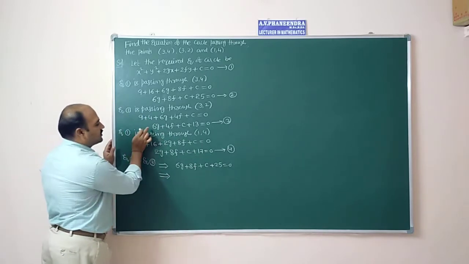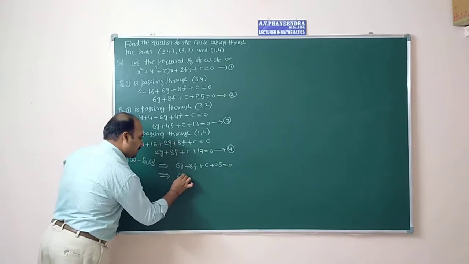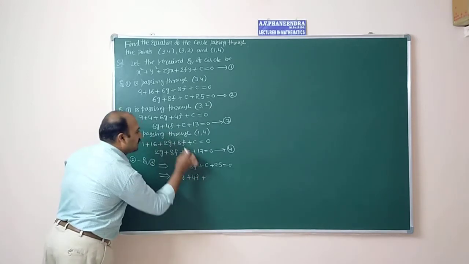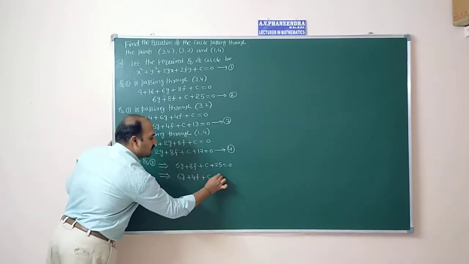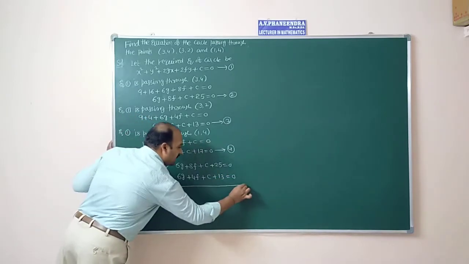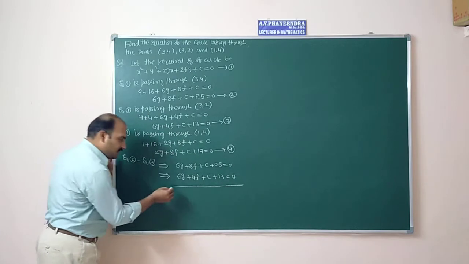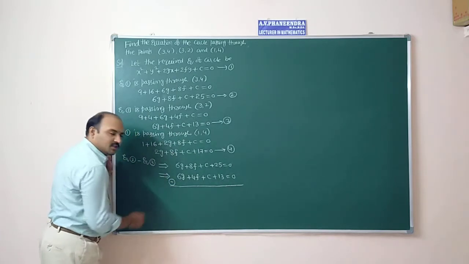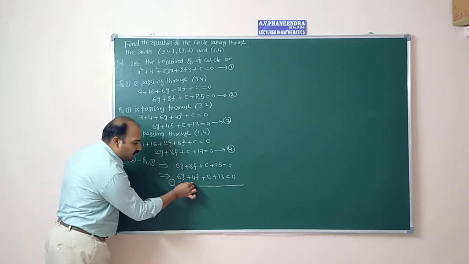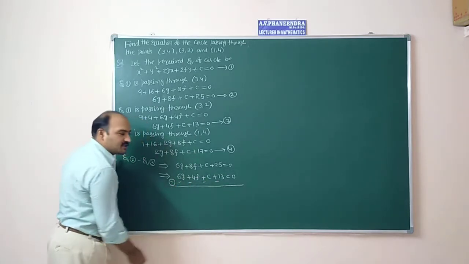Equation 3 is 6g plus 4f plus c plus 13. While subtracting, the signs change: wherever plus is there, you get minus.